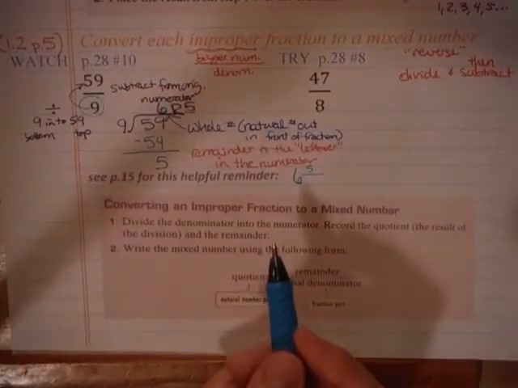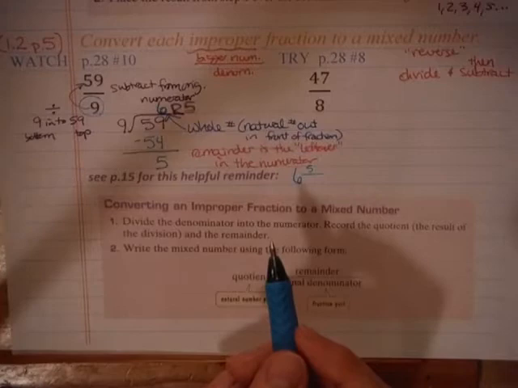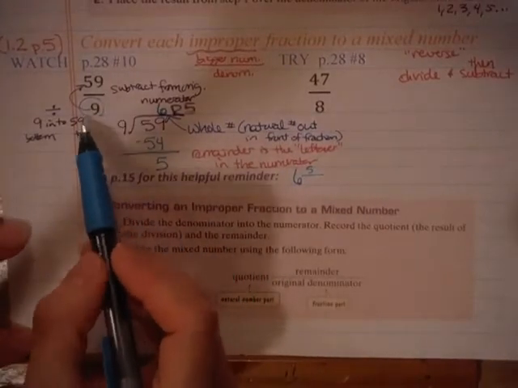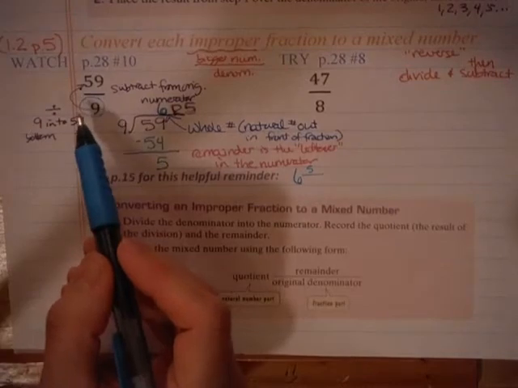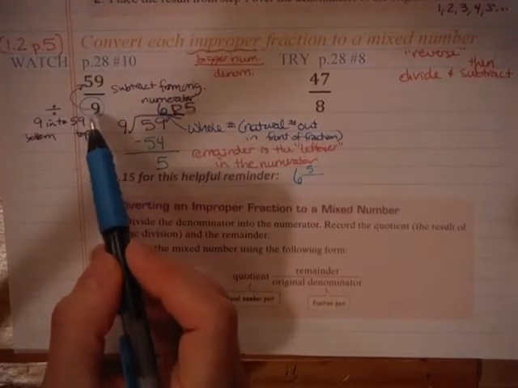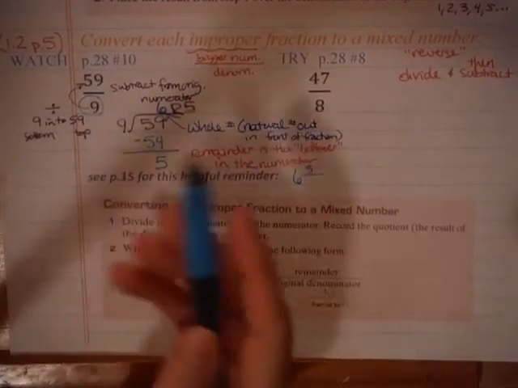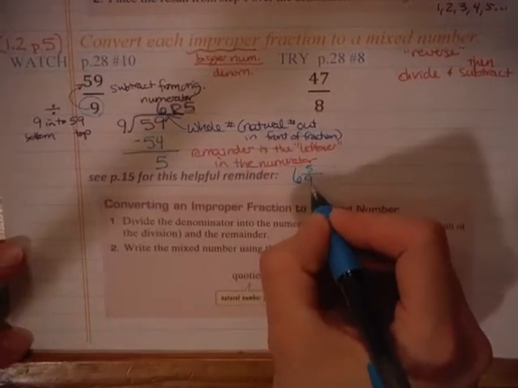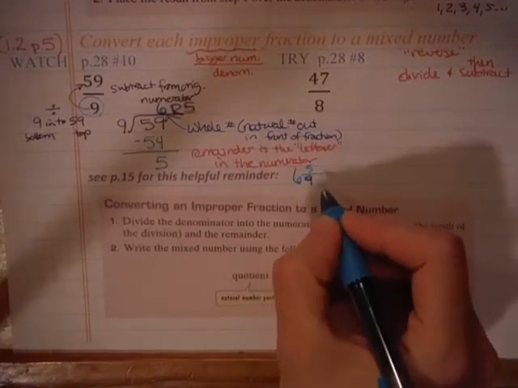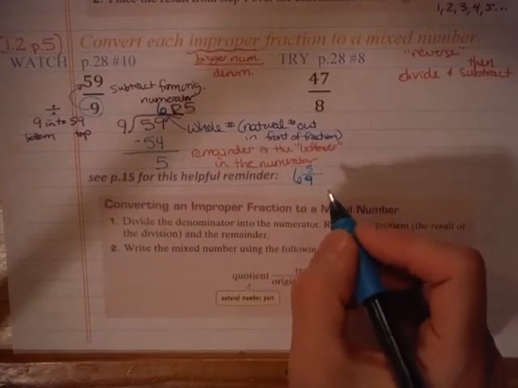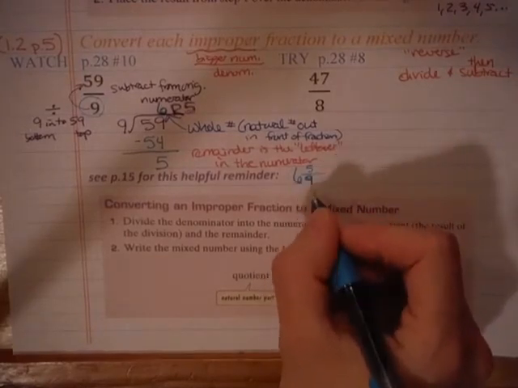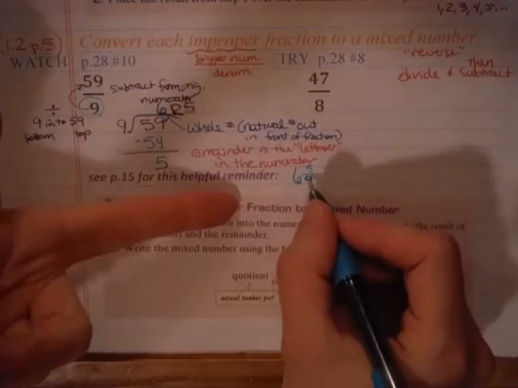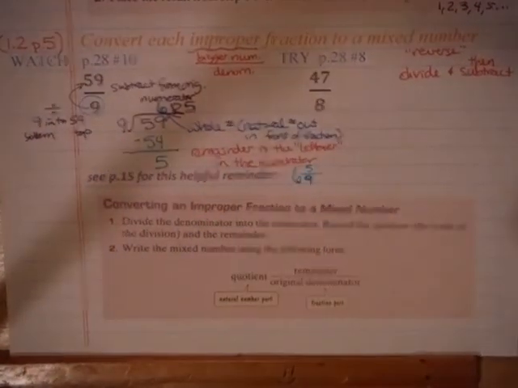That's what a fraction is. It names pieces of a whole. So this has been broken up into equal parts, 9 of which would make a whole piece again. So we're talking about ninths. So we're going to still put that denominator, that label, on this fraction. So 6 and 5 ninths is the mixed version of 59 over 9.